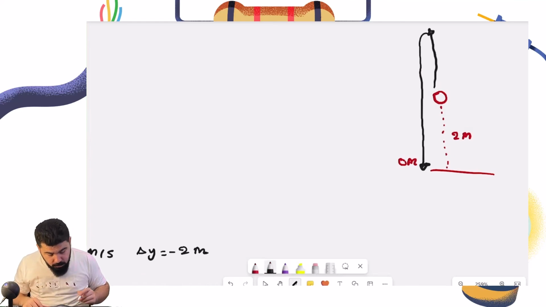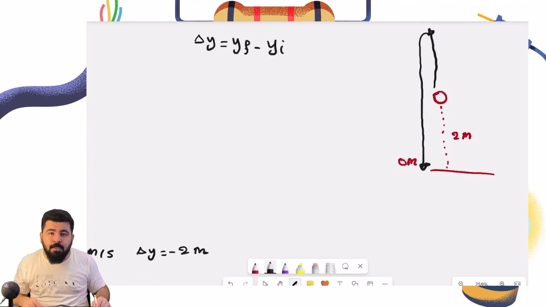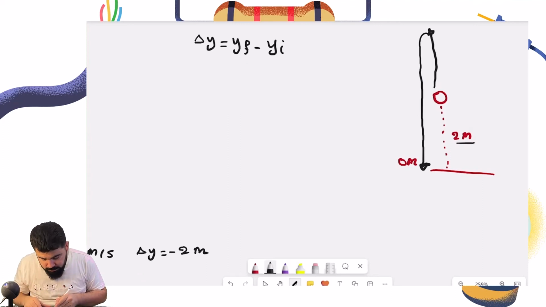Now you know delta y is equal to y final minus y initial. Is this y final or y initial? It's the first one that is mentioned, so this is y initial and this is y final.